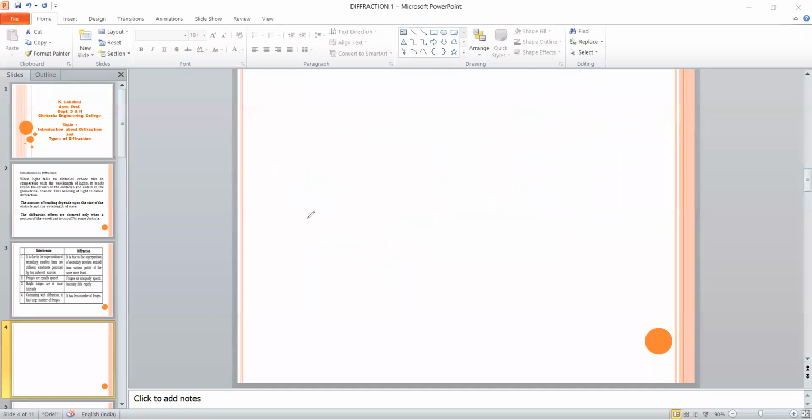Then what about diffraction? Again, I will draw. It is the bulb. Now these are the wavefronts. Each and every point on this primary wavefront creates secondary wavefronts like this.